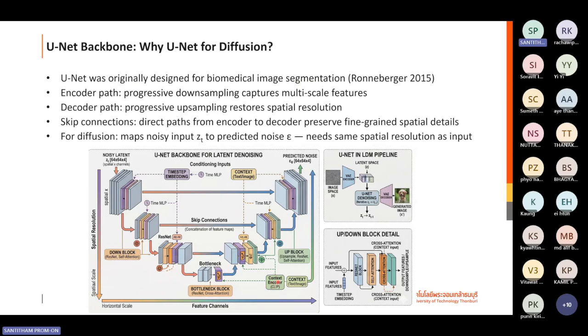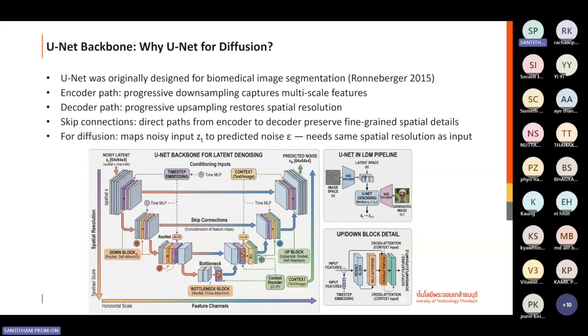The context encoder will be added here. You can see the block here for the cross-attention block for each of these during the upsampling, and also at the end as well, after prediction, to go through the decoder later on.